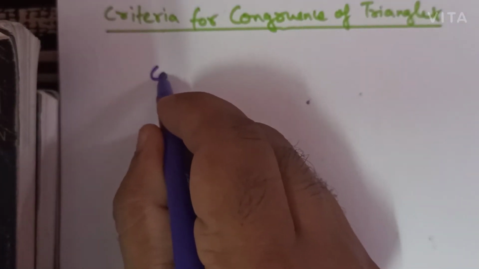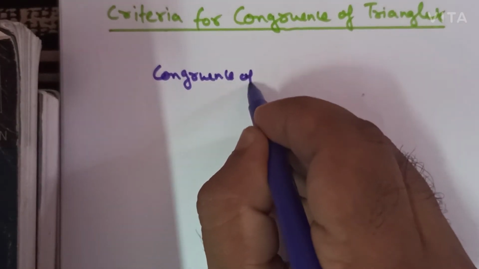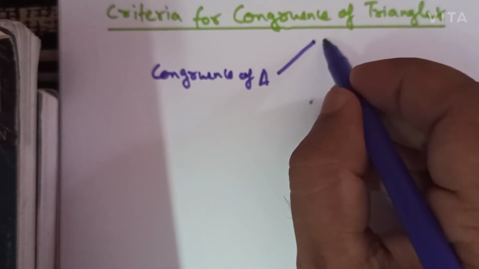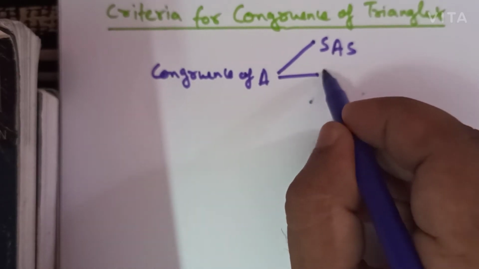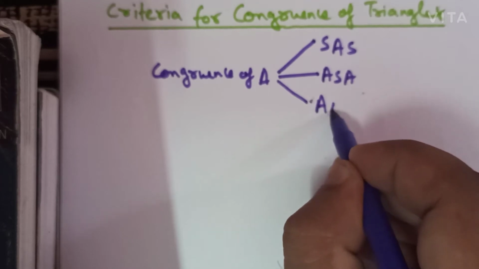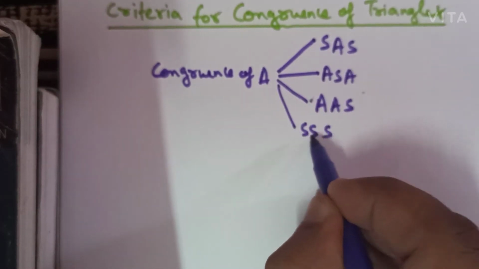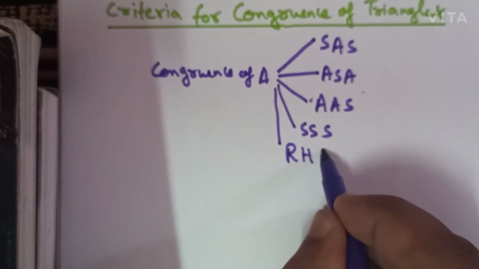Congruence of triangles can be proved by 5 congruence conditions, namely side angle side congruence condition, angle side angle condition, angle angle side, side side side, and lastly right angle hypotenuse side.